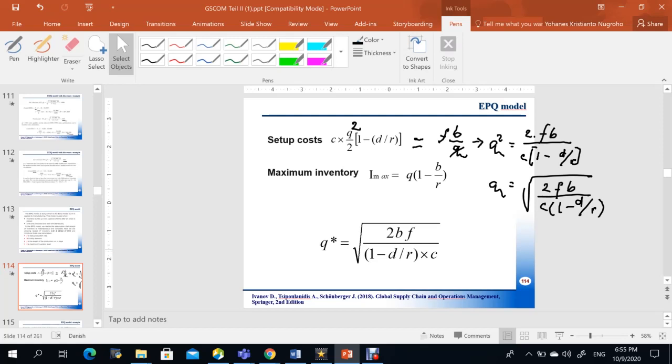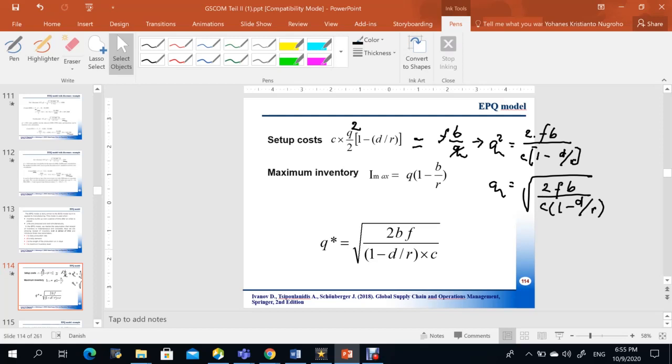So what is special about this equation? Demand must be lower than the production rate, and therefore the capacity of those particular facilities will be able to meet the demand.